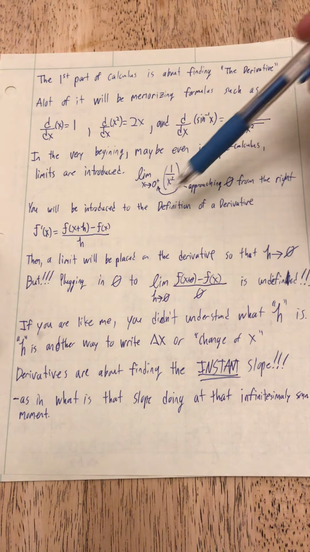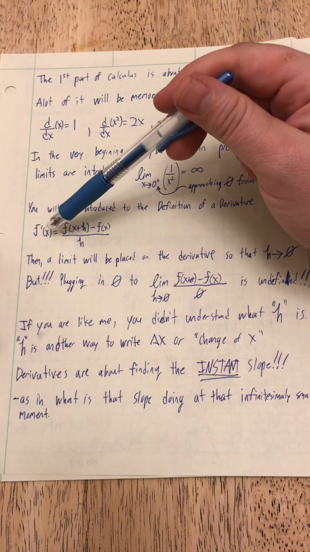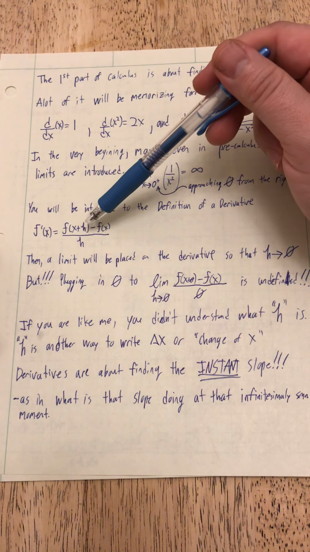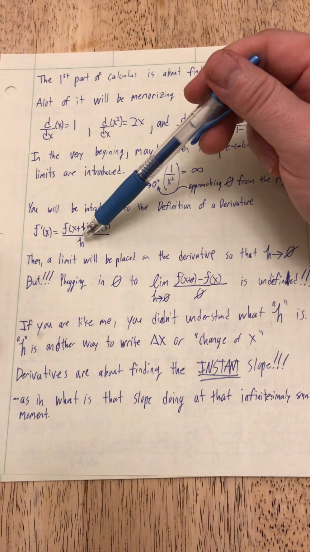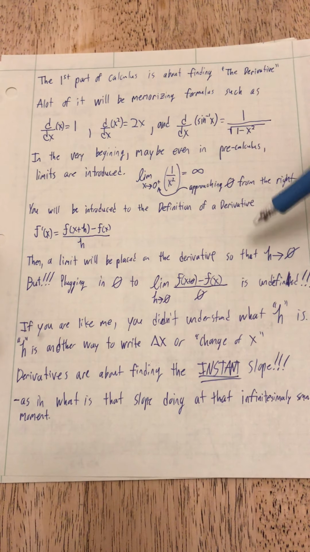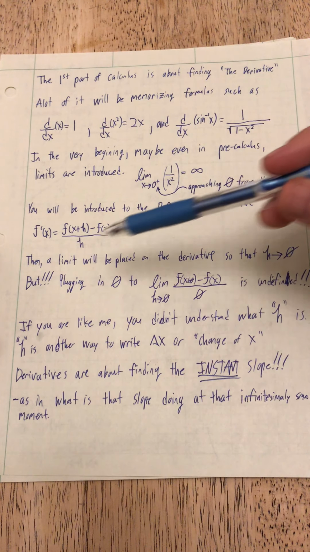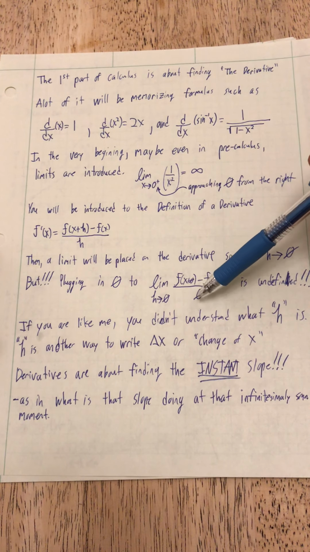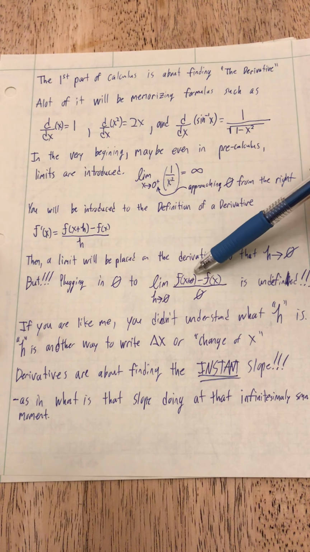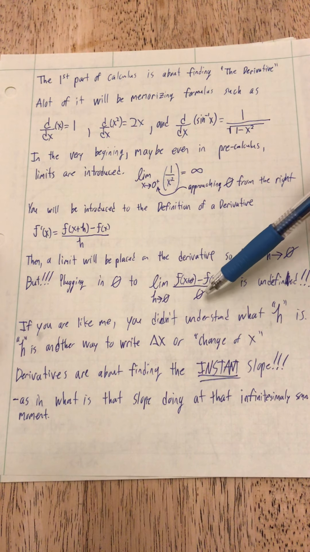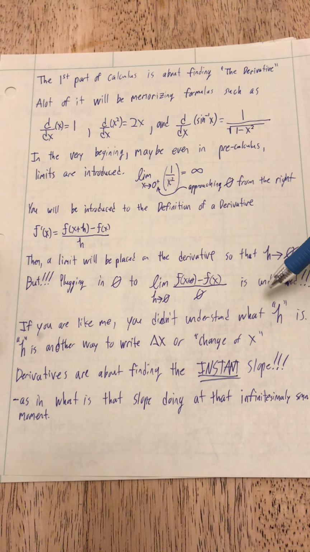You will be introduced to the definition of a derivative as this: f prime of x is equal to f of x plus h minus f of x, over h. Then a limit will be placed on the derivative so that h goes to 0. But plugging in 0 in place of h, and 0 down here, it becomes undefined.